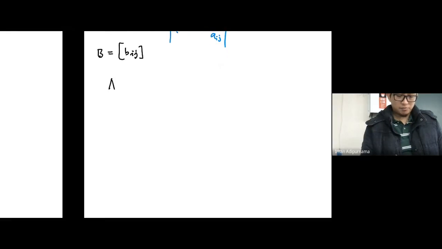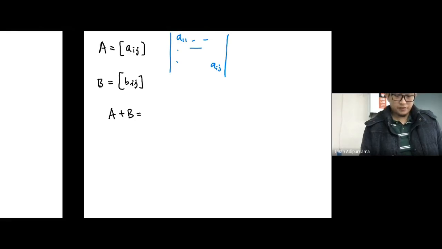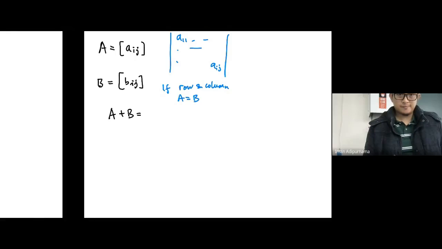You can add A plus B if the rows and columns of A equal those of B. Then you can add A plus B. You can subtract them.